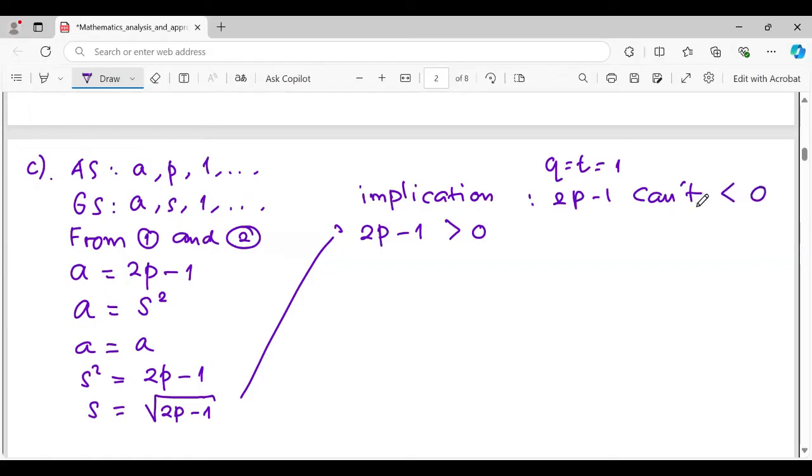If it were less than 0, S would become an imaginary number, because it would be the square root of a negative number. So 2P minus 1 cannot be less than 0; it should be greater than 0. If 2P minus 1 is greater than 0, it means 2P is greater than 1, and P is greater than half.